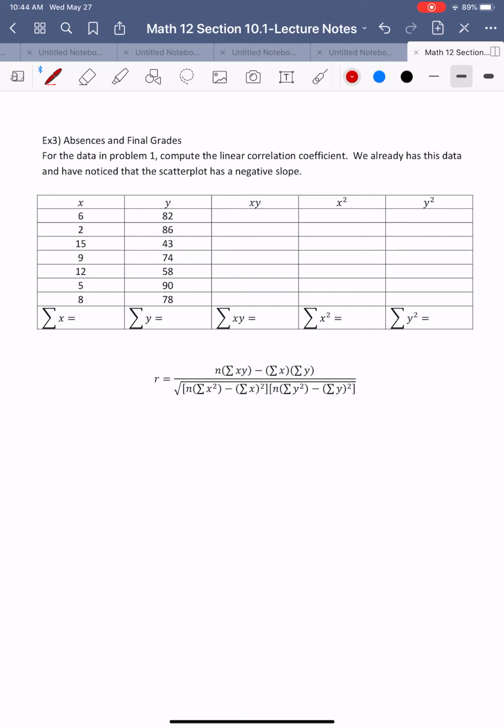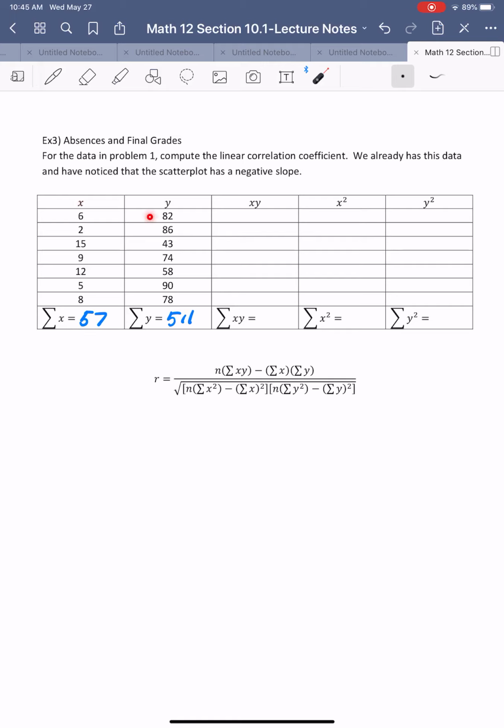Of course, we need to find the sums. You add all these numbers together, and you get 57. Same for the second column: add all these numbers together as percentages, and you get the sum of 511. And then you just need to multiply x and y.